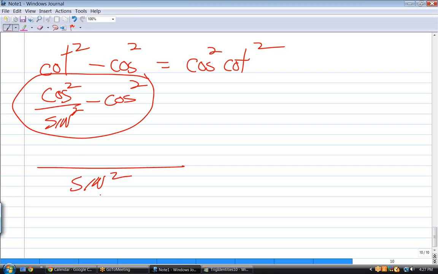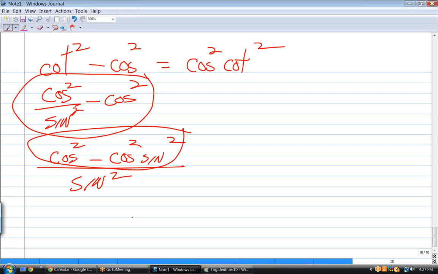What's in the top? It would be cosine squared minus sine squared cosine squared. Okay, now what's the next logical step there?